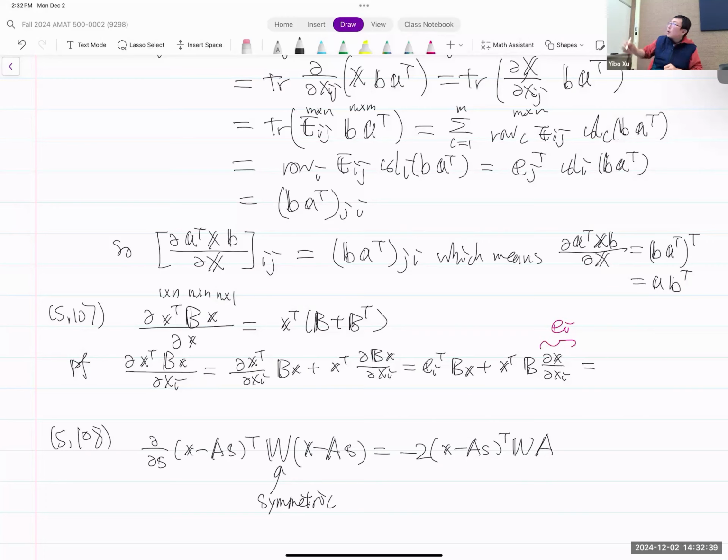So here we have EI transpose bx, right? So you can say that's bx whole thing transpose EI plus x transpose b EI. Okay. So I can rewrite it as x transpose b transpose plus x transpose b times EI. And done.